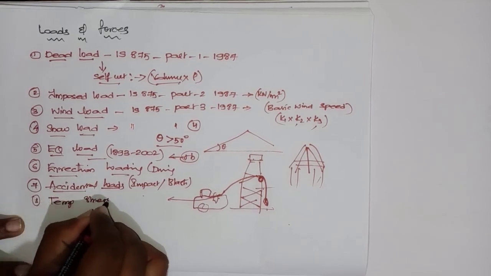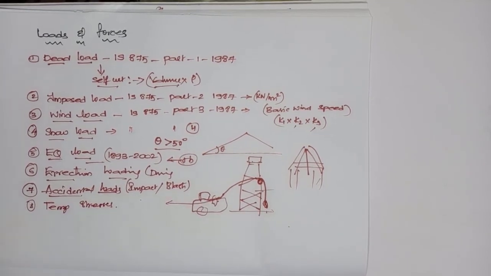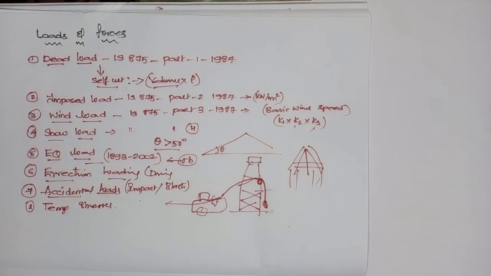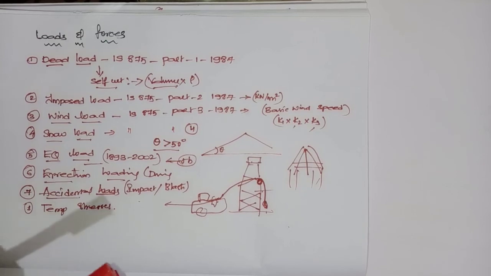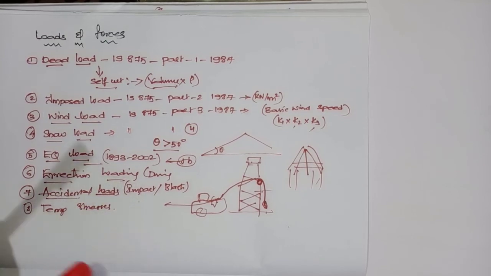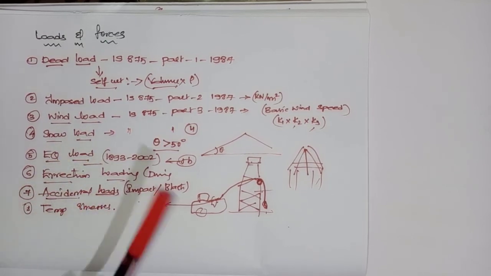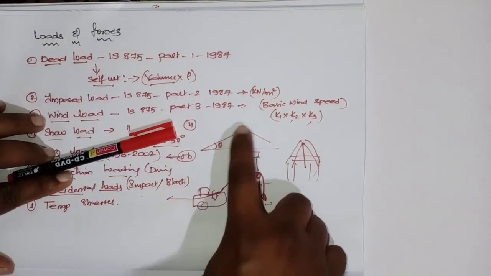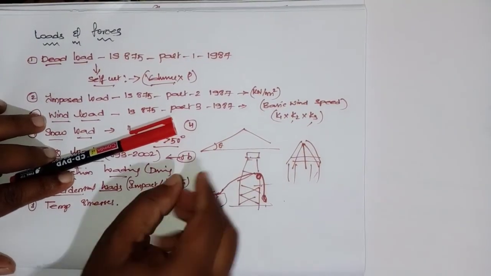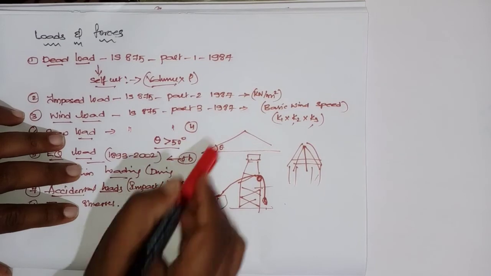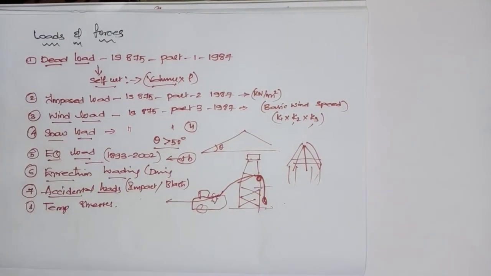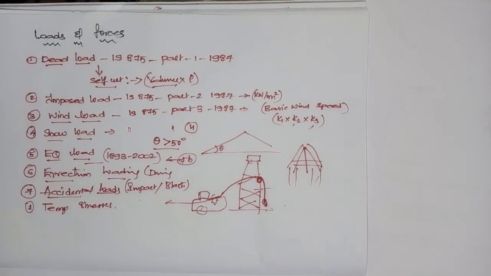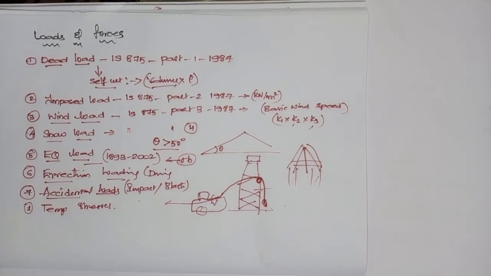Suppose I am going to make a structure with different members, I am going to use some connections, right? If I use a welded connection at the joint, what happens? I will be using some fusion, and because of that the stresses will be inside. Those are nothing but temperature stresses, right? So these are some of the loads to be considered in the design.